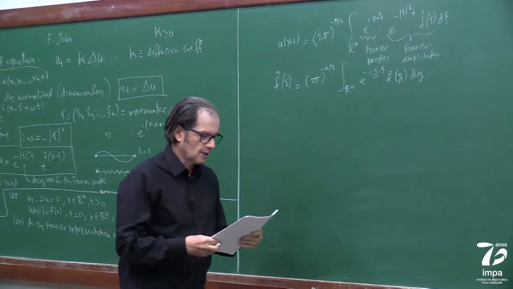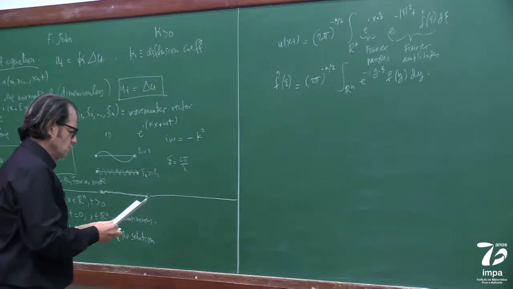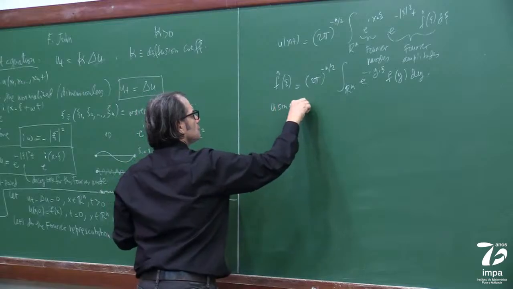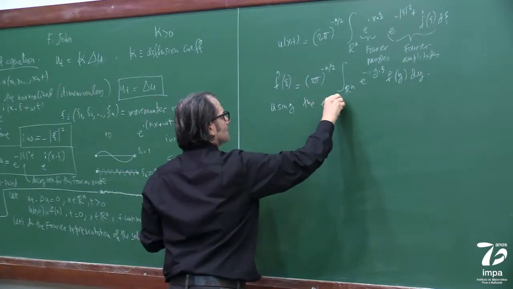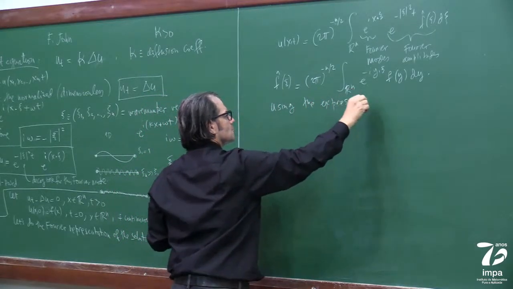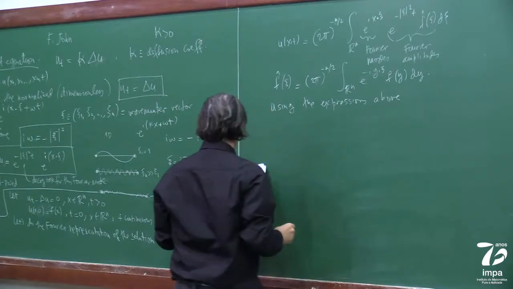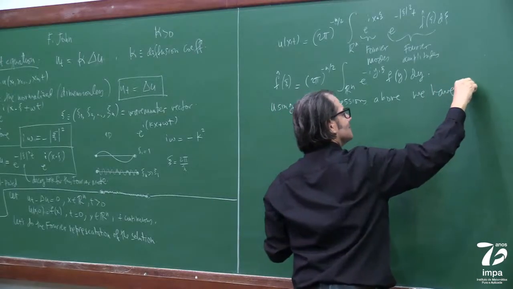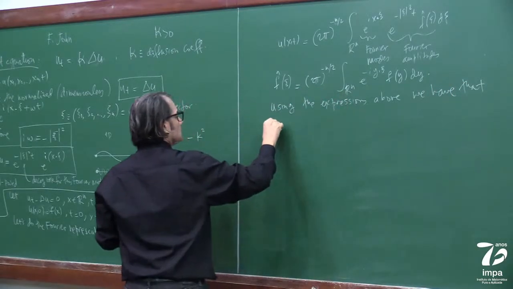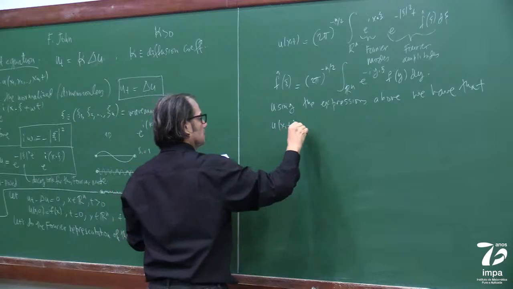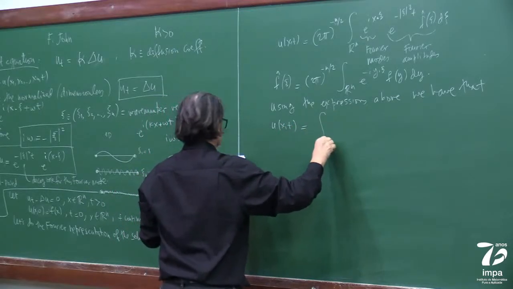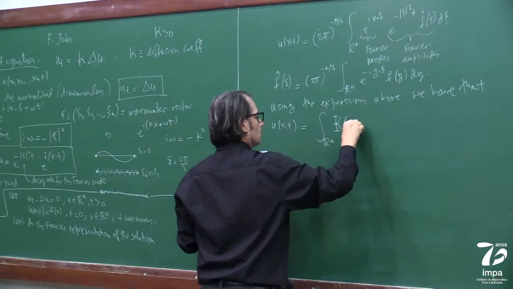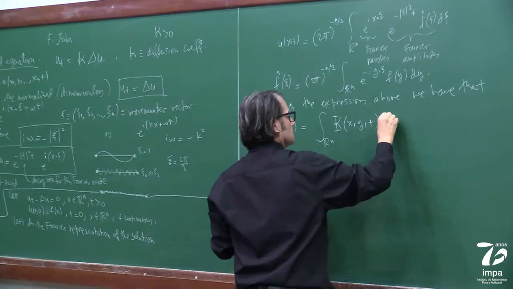All right, now, using the expressions above, we have that u of x, t, let me write this like this.